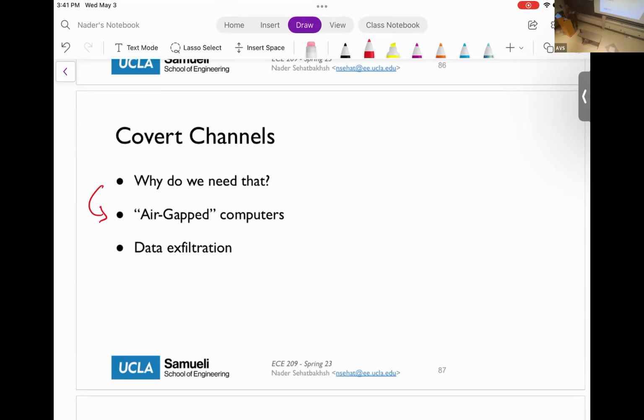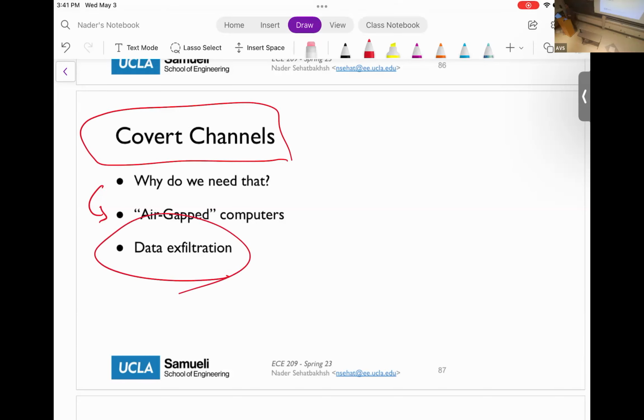They're doing it to protect their IP, so that a rogue employee cannot steal information from it. But if you are a rogue employee and you really want to steal information from them, what you would do is use an unconventional way of communicating, and we call this covert channels. You usually use this for what we call data exfiltration.